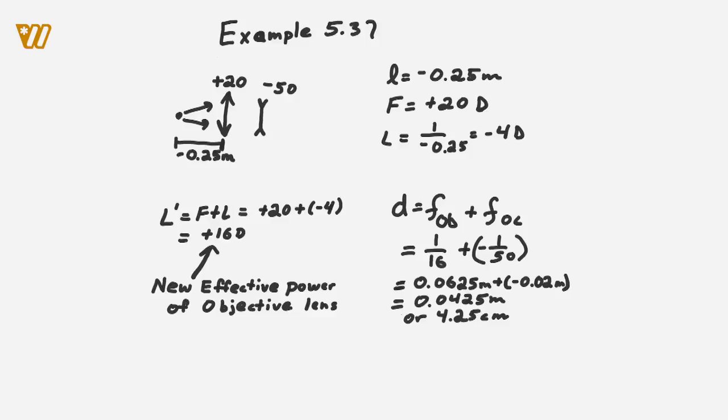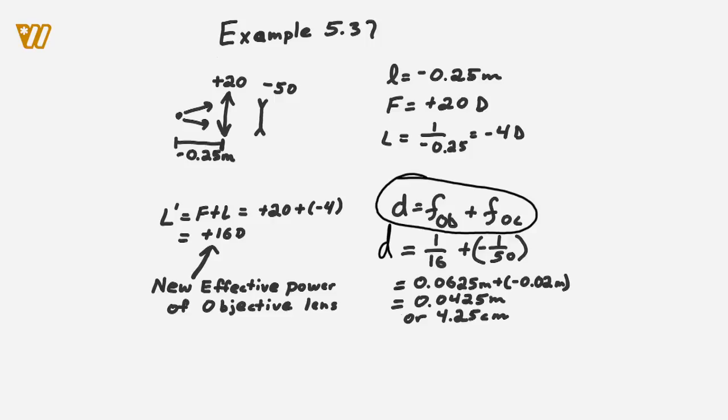And so now we can use our tube length equation to figure out what the tube length should be to make light leave that ocular lens parallel. So we put a D in there. You just take 1 over 16, that's the effective new power of our objective lens, plus 1 over negative 50, that's the power of our ocular lens, because its effective power is not going to change.